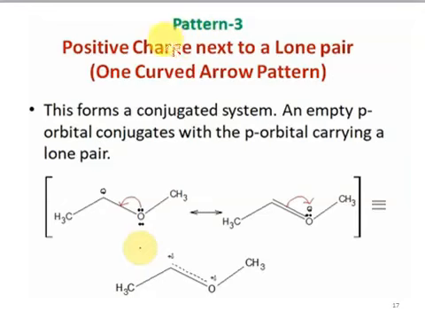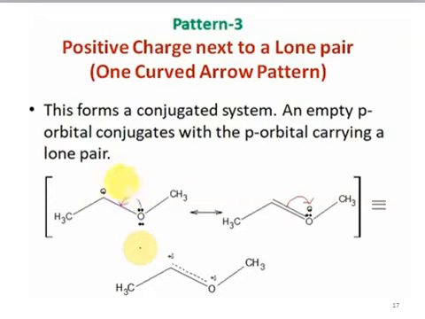Next comes our third pattern. In case we have a positive charge next to a lone pair, how can we draw the resonance structure? This forms a conjugated system once we have a positive charge next to a lone pair. Previously, in the allylic system, we had a positive charge next to a double bond, and now we have a positive charge next to a lone pair. The lone pair can donate 2 electrons.